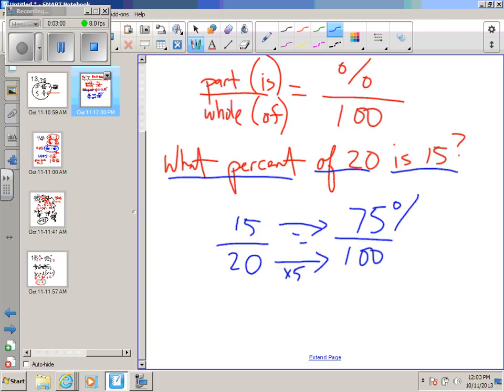Percent. Now, we found a relationship with step 1, but I could also go step 2 and simplify. Could you simplify 15 over 20? 3 over 4. Now, when you see 3 over 4, you should automatically think of what percent? Some of those just come naturally.